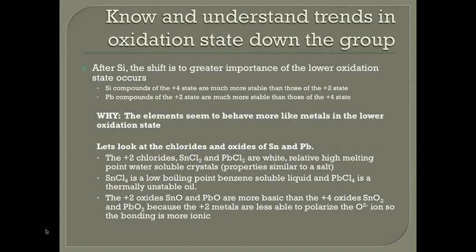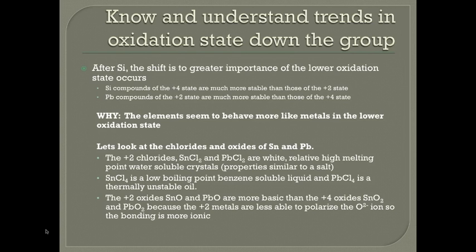But as you go down the group, +2 states are much more stable than +4 states. And it seems that the elements seem to behave more like metals in the lower oxidation states. How do we know this? Well, let's take a look at some oxides and chlorides of tin and lead.